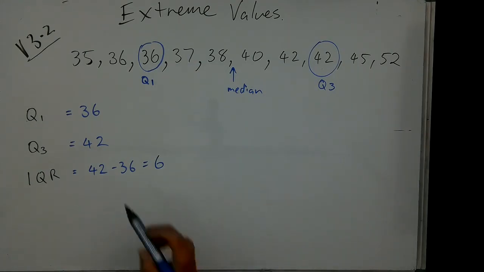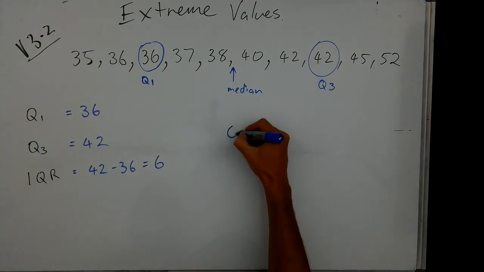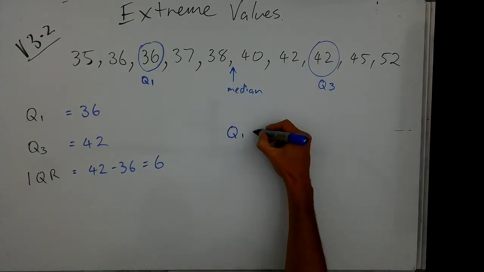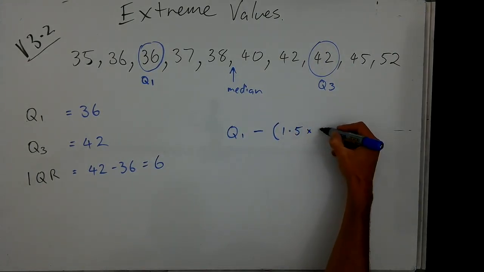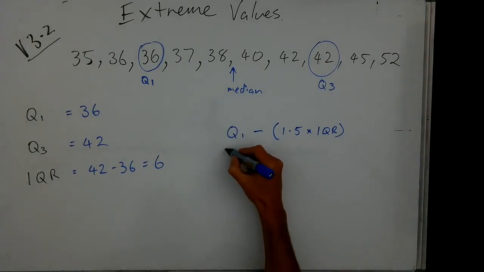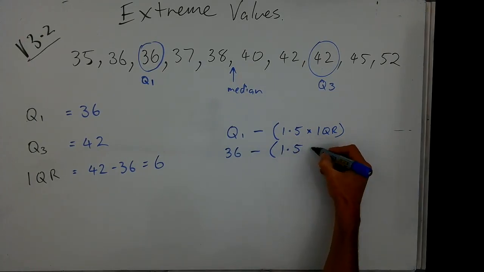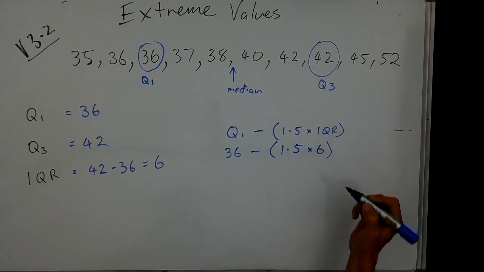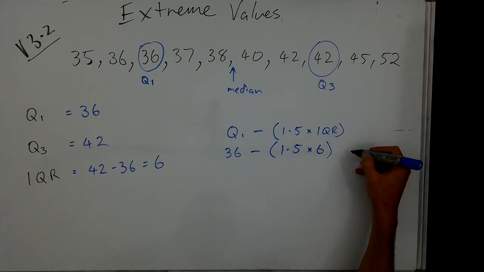So first of all, we'll have a look at the bottom end of the set. So what we need to do is Q1 take away 1.5 times the interquartile range. So that is 36 take away 1.5 times 6, which is 9.